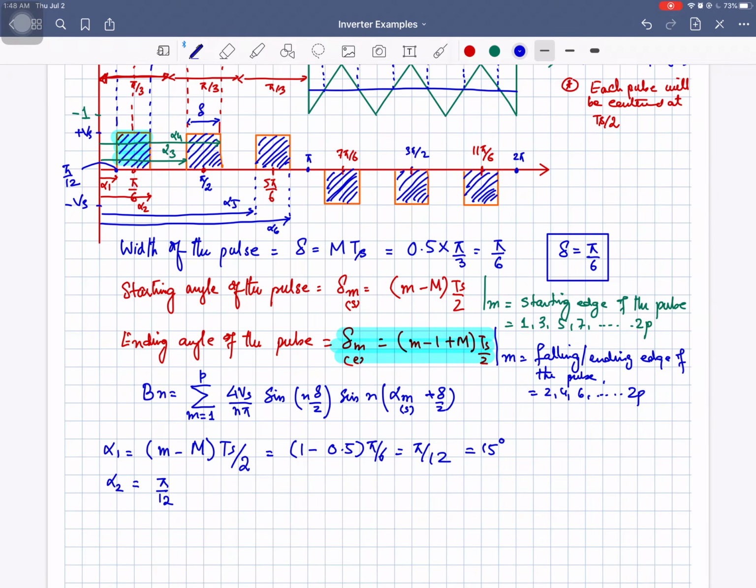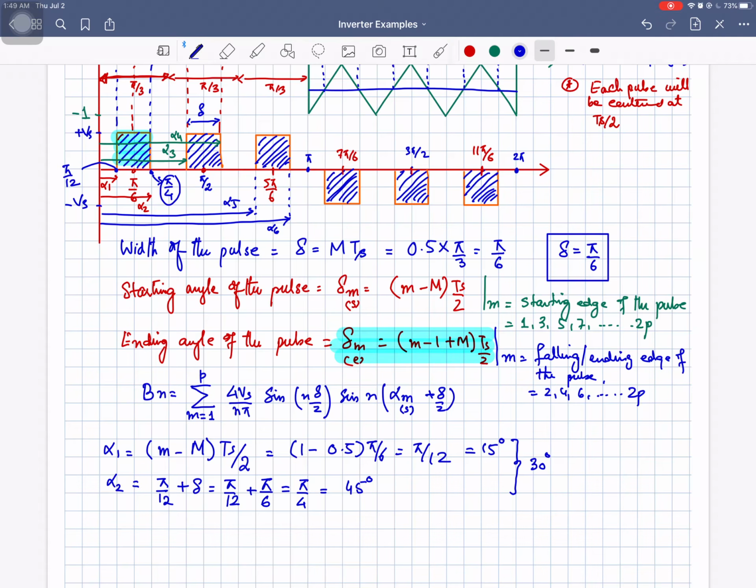So pi by 12 plus del, where del is the pulse width. So this can be written as pi by 12 plus pi by 6. So this is going to be pi by 4, and in terms of degrees it is 45 degree. So this is the point pi by 4, right? That is the ending edge of that one, and you can see the difference of these two is 30 degree, that is equal to the pulse width.